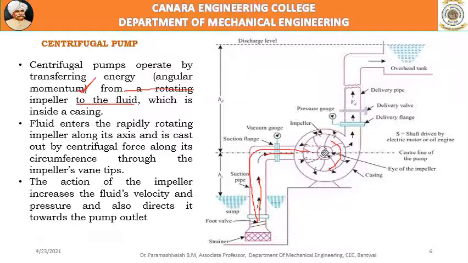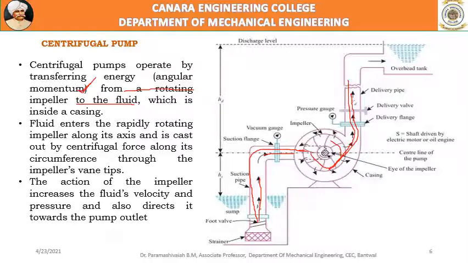Then this liquid comes in contact with the impeller blades, and when they rotate at high velocity, they push the liquid away in this direction. So here transfer of energy takes place from the impeller to the liquid.